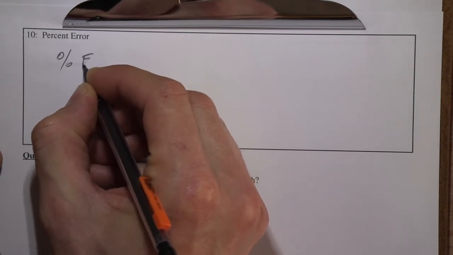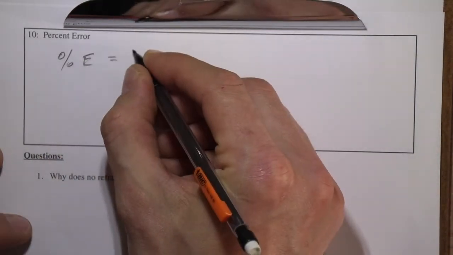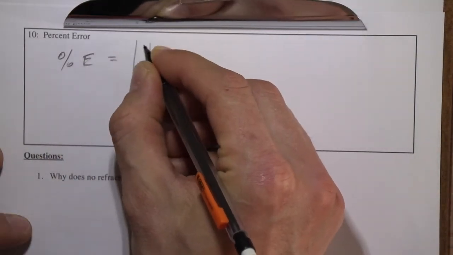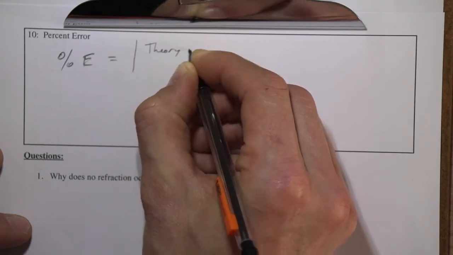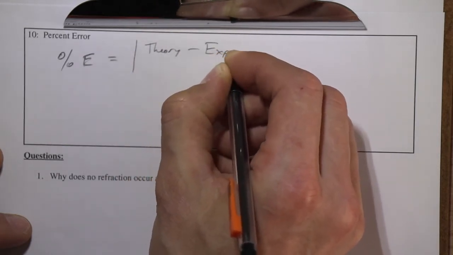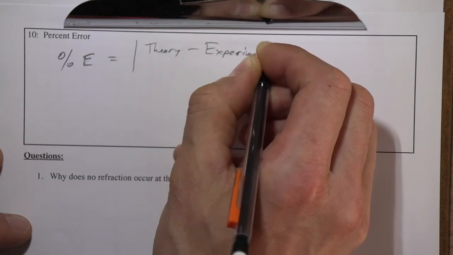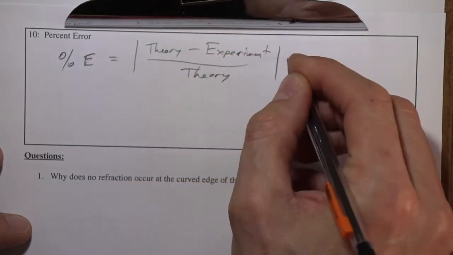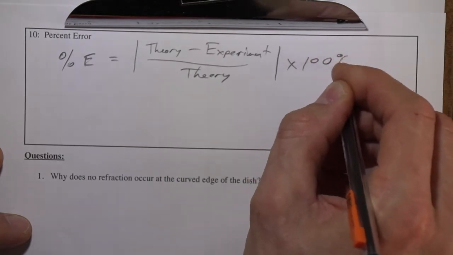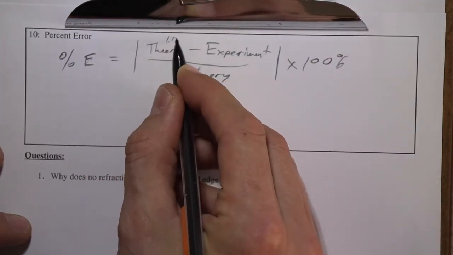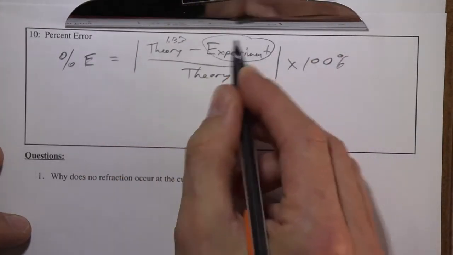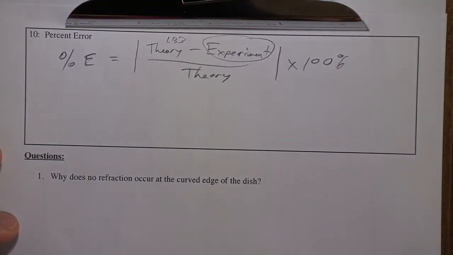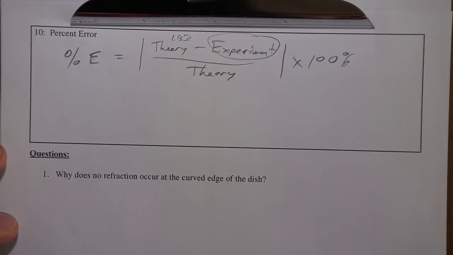Percent error equals theory minus experiment over the theory, or maybe accepted if you want. So this is 1.33. This is what you got in the experiment. So go ahead and calculate percent error now.